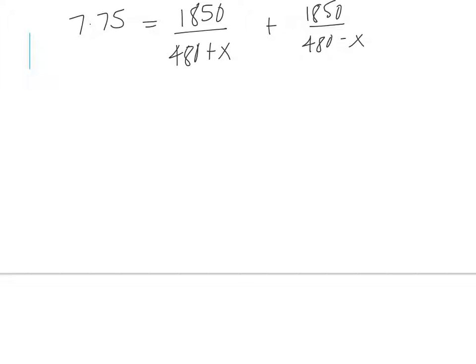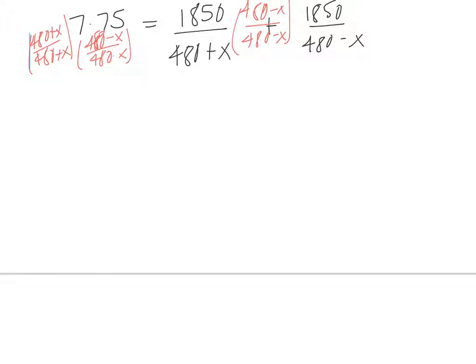All right, with this first one, we are multiplying by two of them. We're multiplying by 480 plus x and 480 minus x. This one is 480 minus x, and this one is 480 plus x.